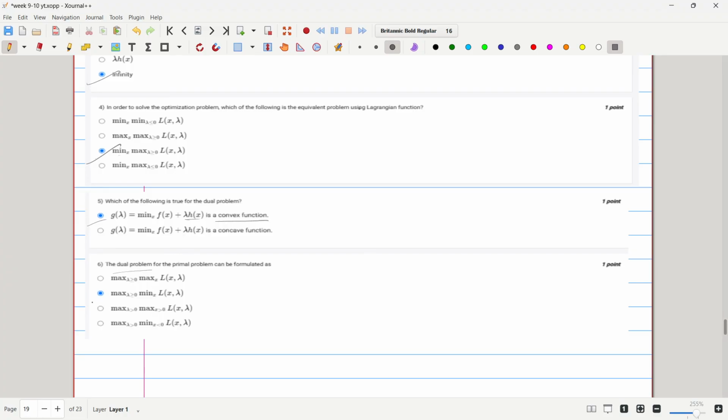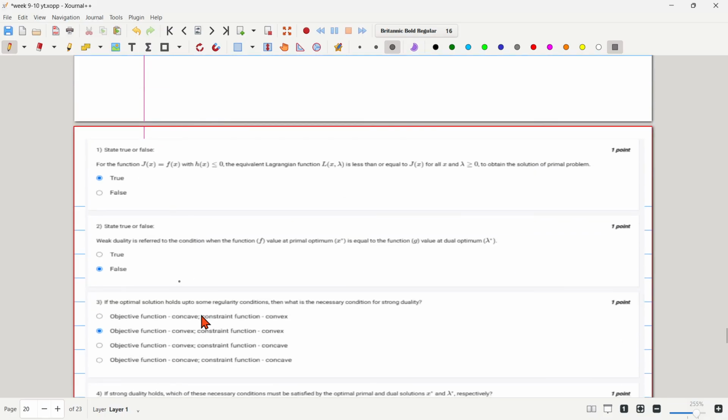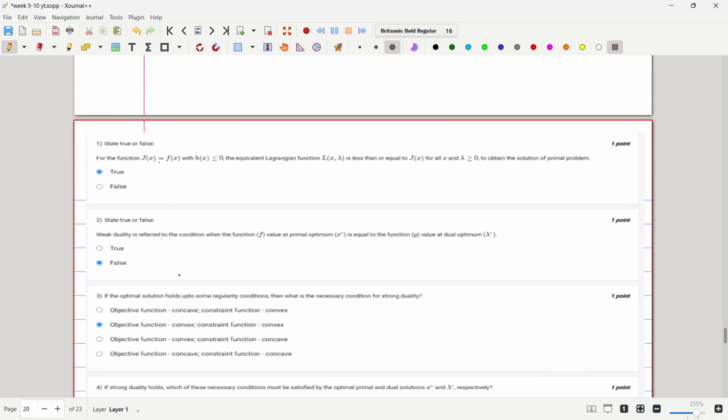For the dual problem, you first maximize over lambda greater than or equal to 0, then minimize over x of L of x comma lambda. J of x is f of x if h of x is less than or equal to 0. The equivalent Lagrangian function L of x comma lambda is less than or equal to J of x for all x and lambda greater than or equal to 0 to obtain the solution for the primal problem.